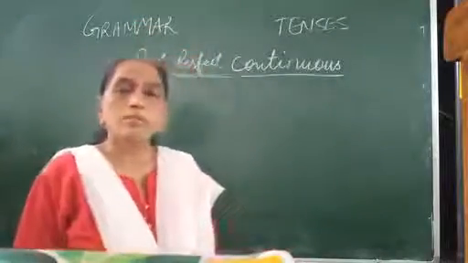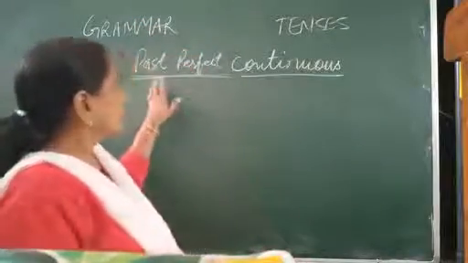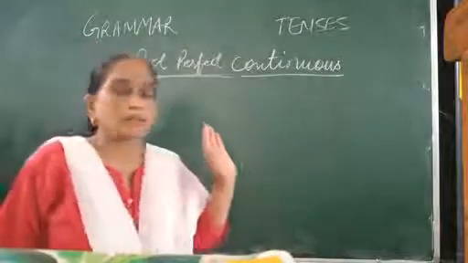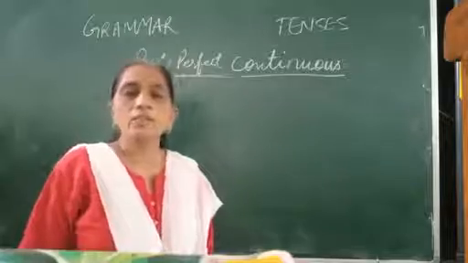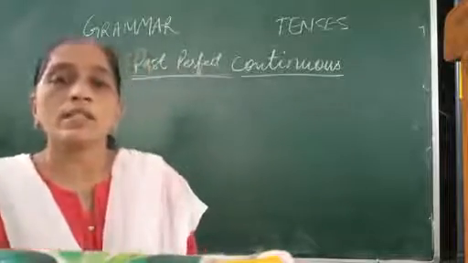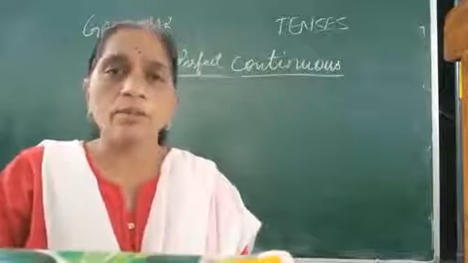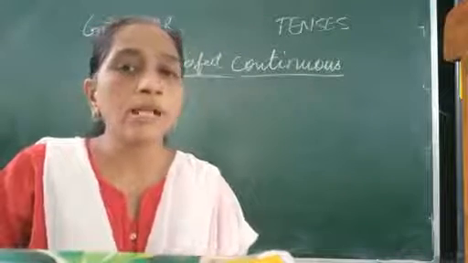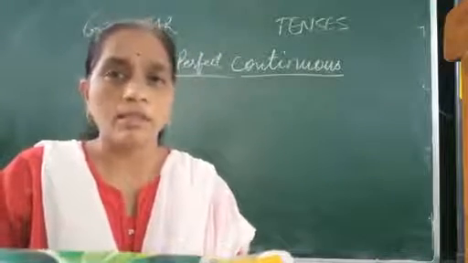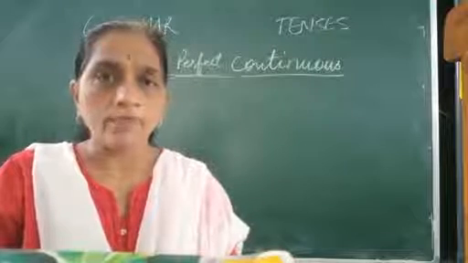In past perfect continuous, it is used to denote an action which was going on for a period of time before a certain point of time in the past. Try to understand.